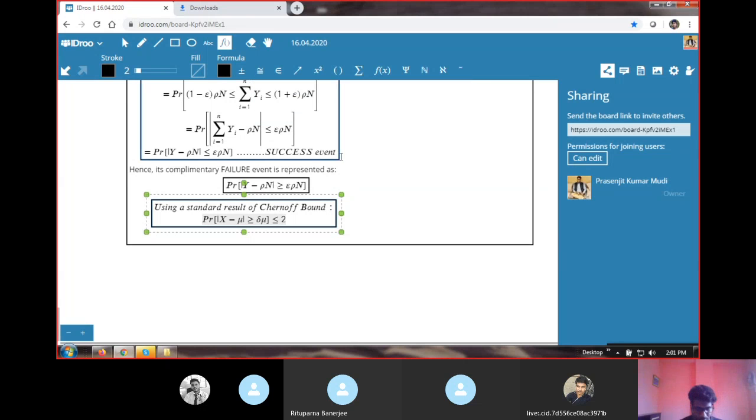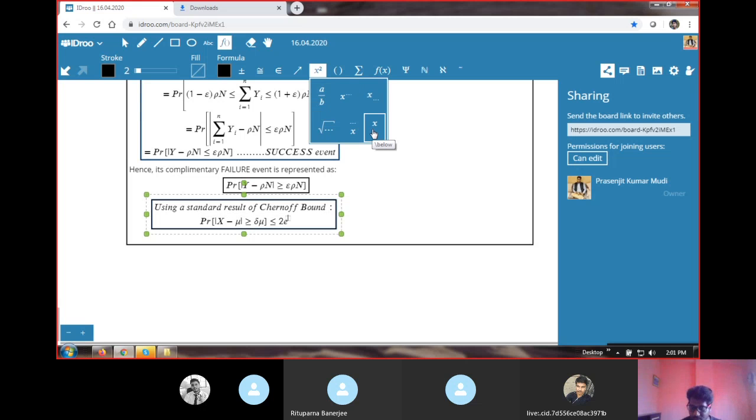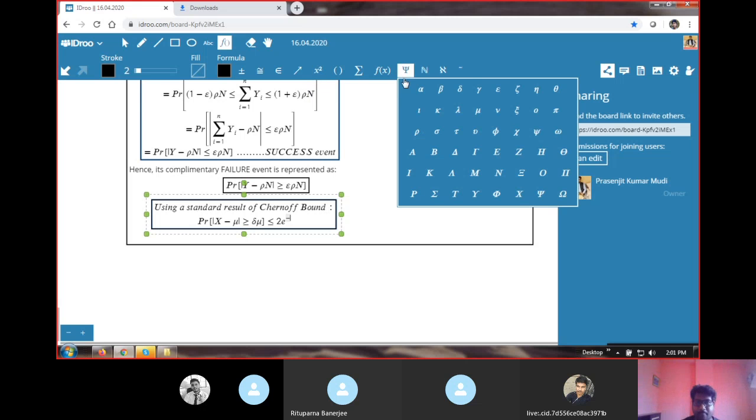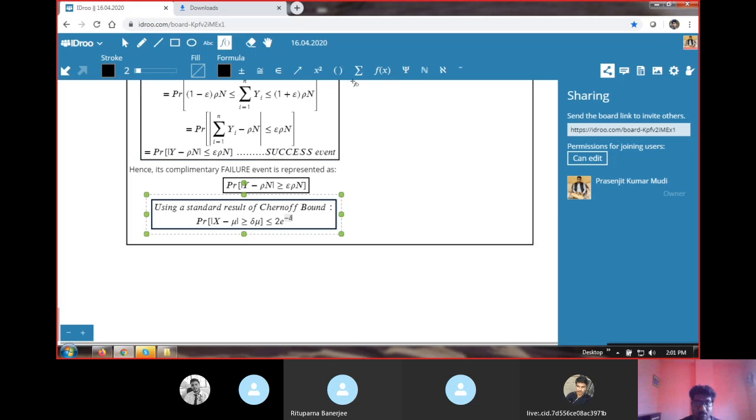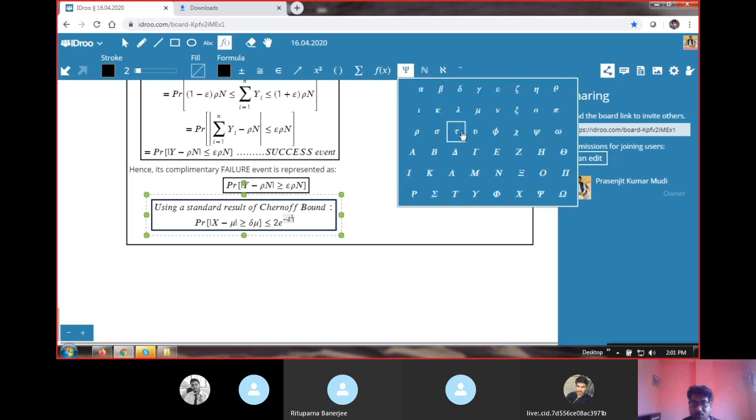2 to the power minus delta square mu by 3.